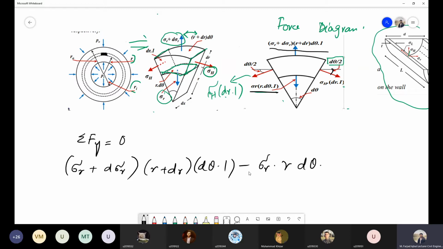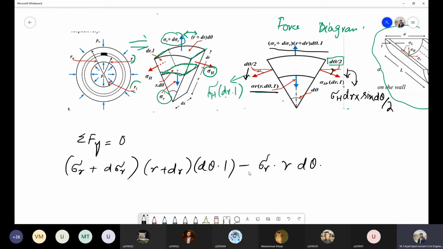Then we have the y component of these two hoop stresses. If I represent the y component, one will be in this downward direction, and that will be sigma h dr multiplied with sine of d theta by 2.